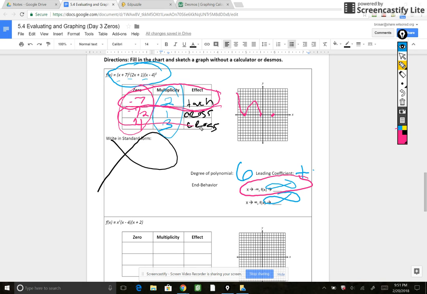Then at -1/2, I go up and I come back down. It doesn't matter how high this hump is because I don't know. At -1/2, I cross. Go down as far as you want. Come back up, at 4, I cross. And come back up. So you have to connect these dots by following touch and cross and making sure your end behavior is right. So I started up, I touch, I cross and cross, and then I end going back up.